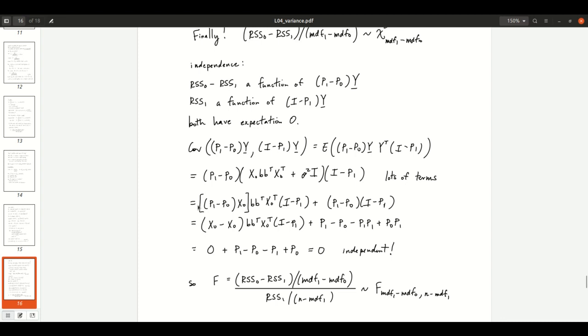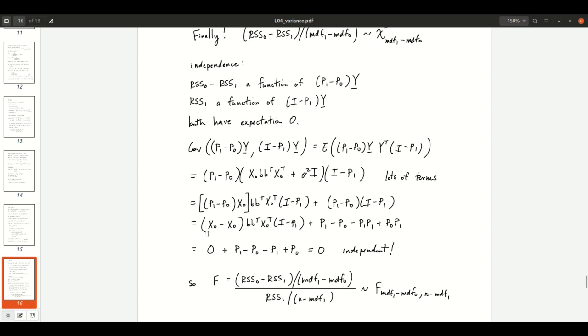If we collect terms here, let's do this one first. This is (P1 - P0) x0 times BB transpose x0 (I - P1) times sigma squared. This should have a sigma squared here: (P1 - P0) times (I - P1).